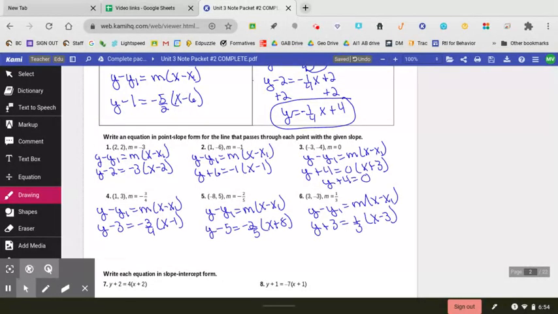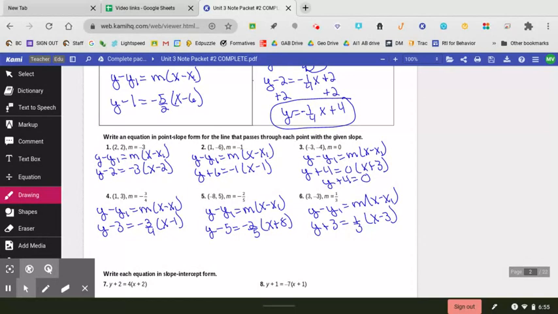Okay, so please notice I did write my original equation y minus y1 equals m times (x minus x1) for each one. Number 2 became y plus 6 equals negative 1 (x minus 1). The reason it became y plus 6 is because when I substituted, it was y minus a negative 6, and minus a negative is a positive. Number 3, again, the minus and minus became a positive on both cases.